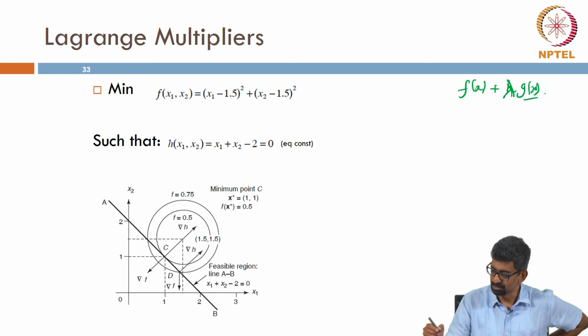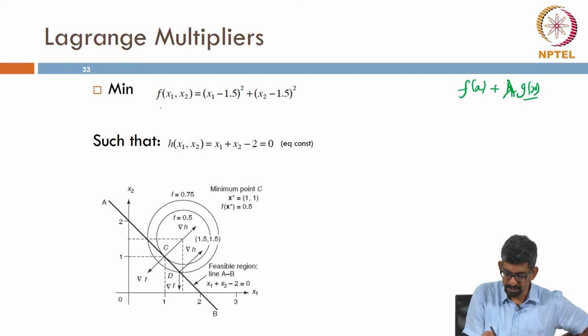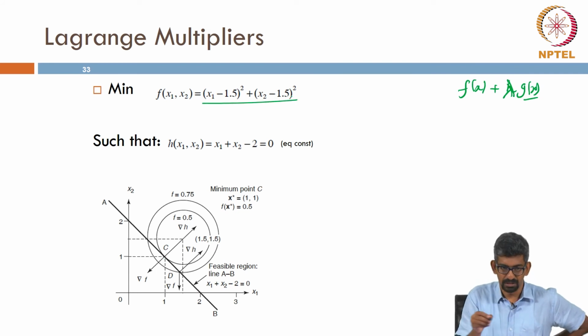Then it becomes an unconstrained problem. This is something that you already know, which we discussed from our circle example. That is the same stuff here, they are using a circle as an objective function and some straight line as a constraint, okay.